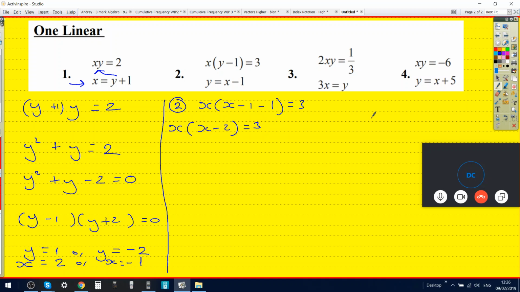Then we can multiply it out, so x squared minus 2x equals 3. Then we can make it equal to 0, so x squared minus 2x minus 3 equals 0. And then we can factorize it.